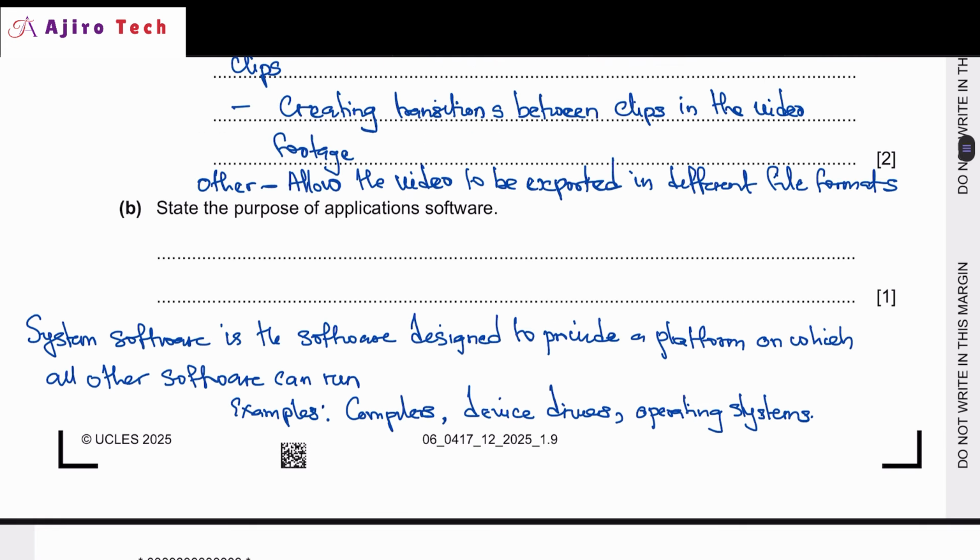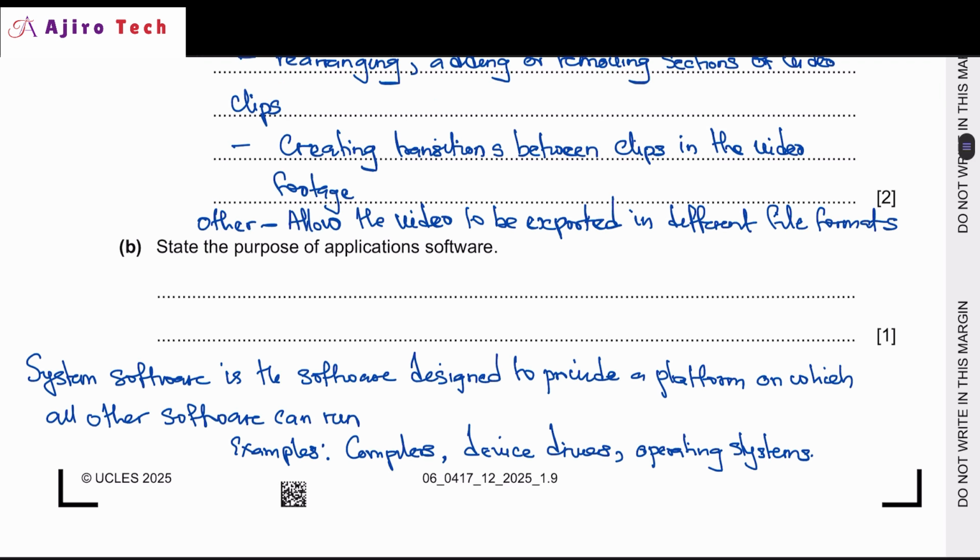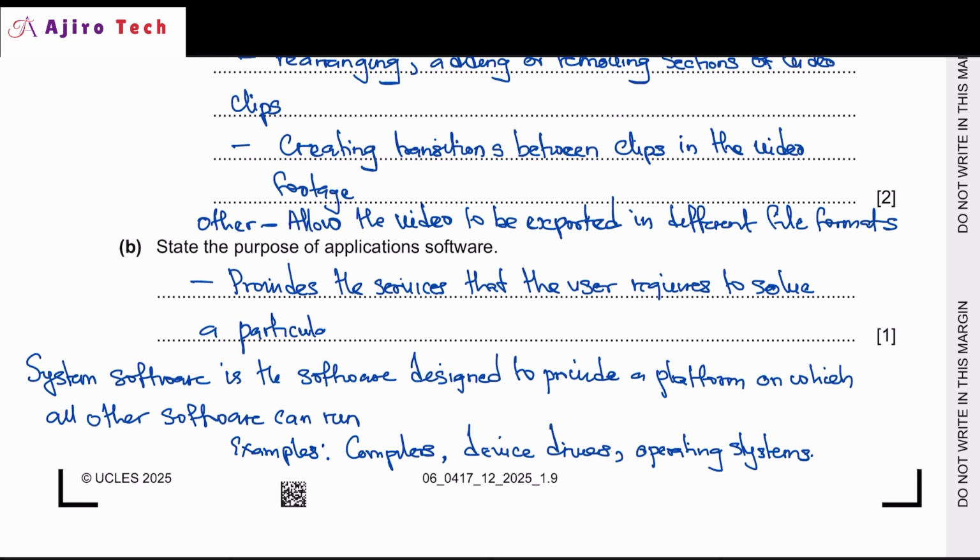State the purpose of application software. We talked about the purpose, and we have 1 mark. It provides the services that the user requires to solve a particular task or specific task, whichever one you want to use.